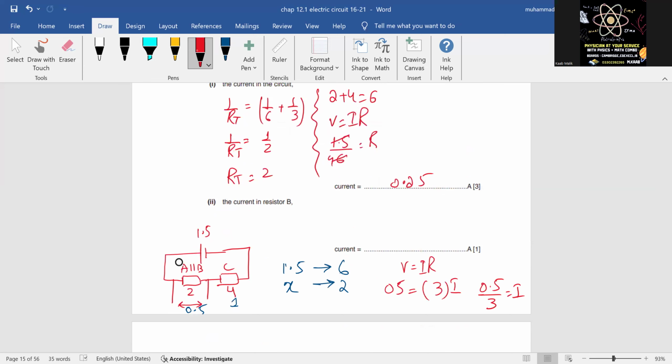So you will get 1 over 6. Okay, fine. 1 over 6 is 0.1666, right? Yes, 0.167, right?